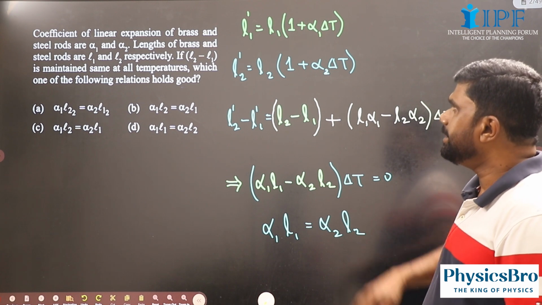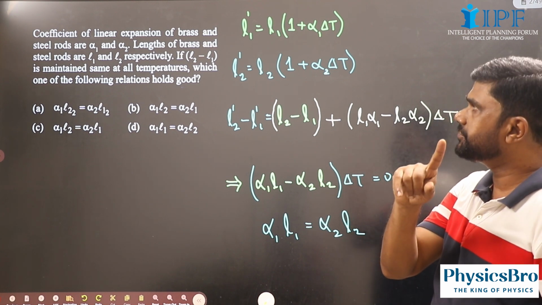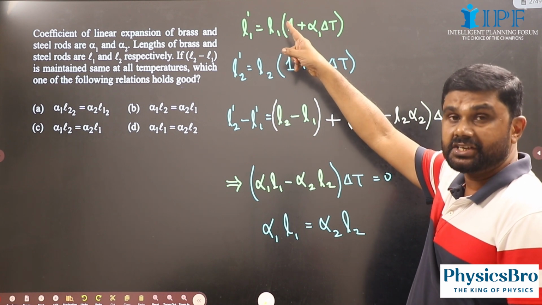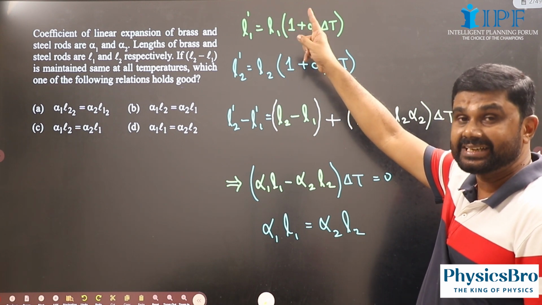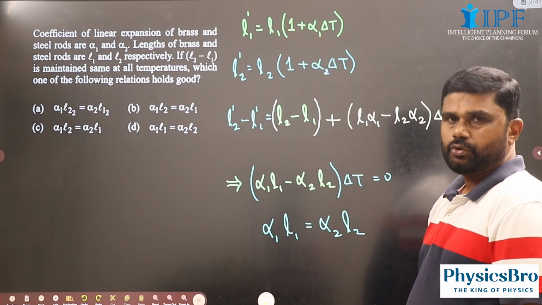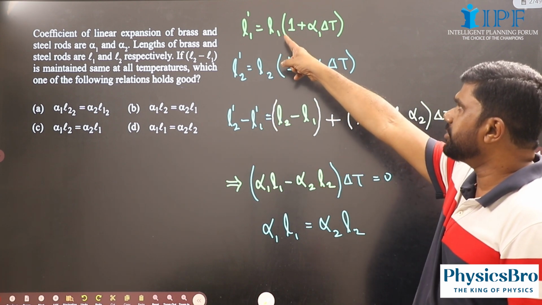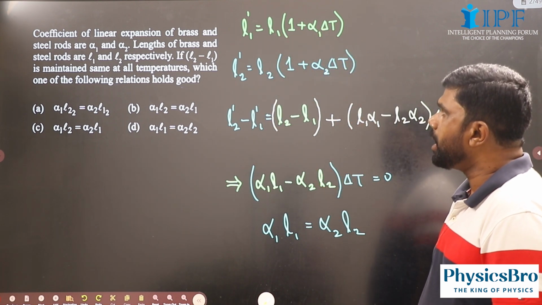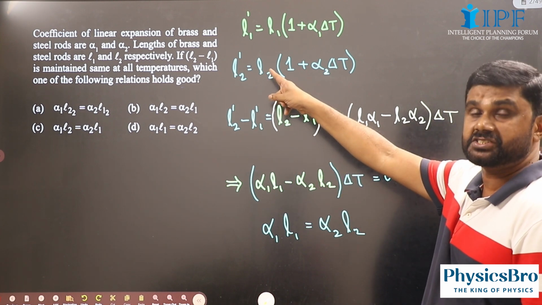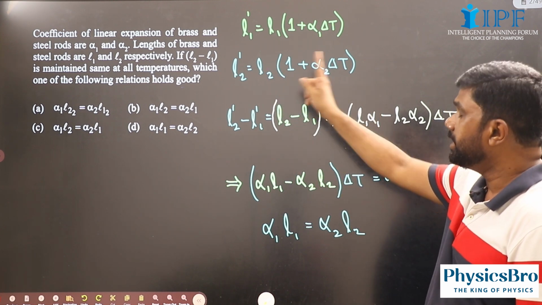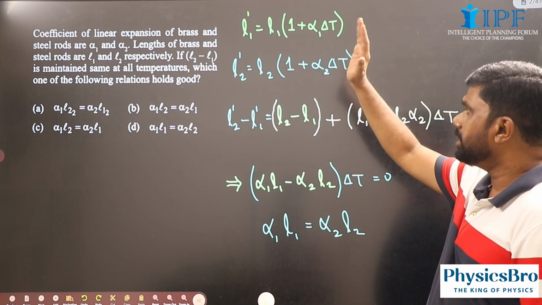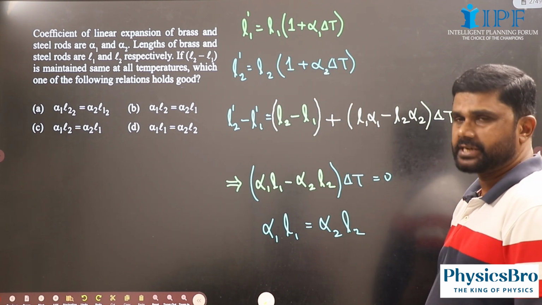Okay, the original length of the steel rod is L1, and when it is heated through delta T, its length will become L1 dash. So L1 dash will be L1 times 1 plus alpha 1 delta T. And for brass, the original length is L2. When its temperature is increased by delta T, the length becomes L2 dash, so L2 times 1 plus alpha 2 delta T.